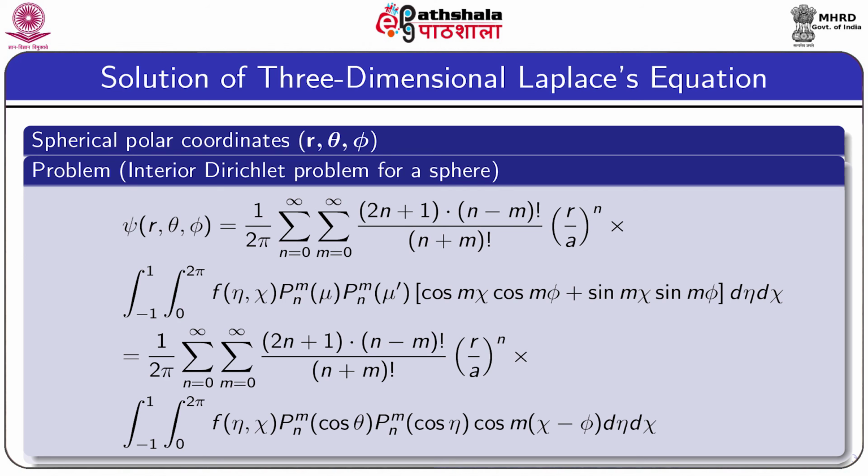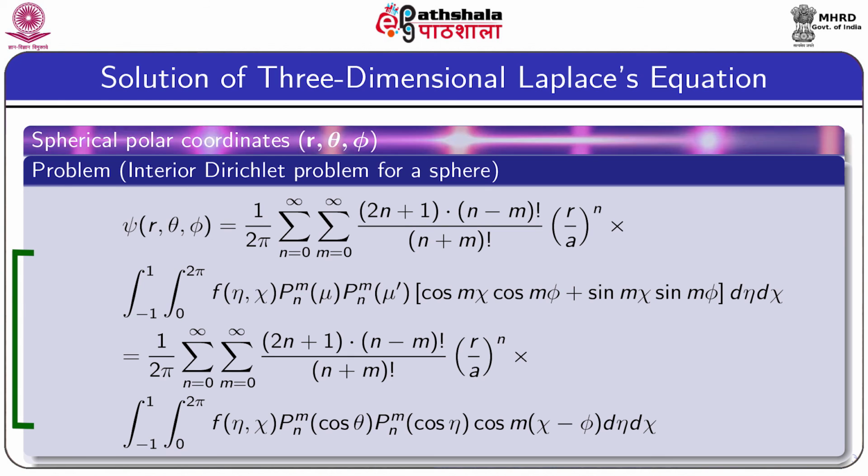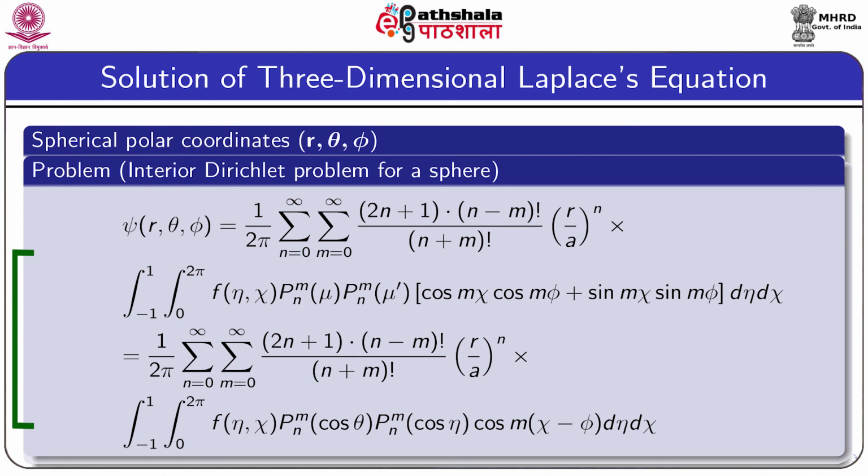Thus, the solution becomes psi equal to, which is written here. We can make a simplification like this. We can write the cosine function and sine function together to make it cos of m (chi minus phi). So, this is our final solution, or the required solution, of the given problem.